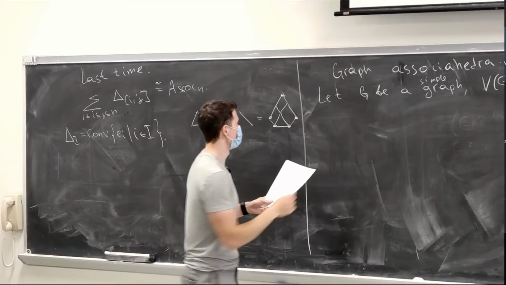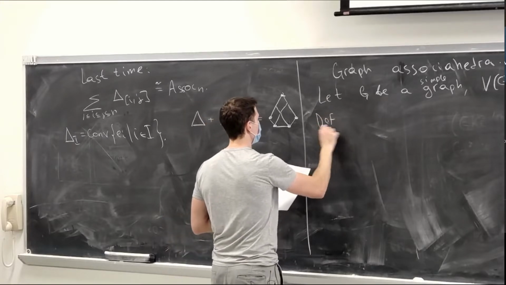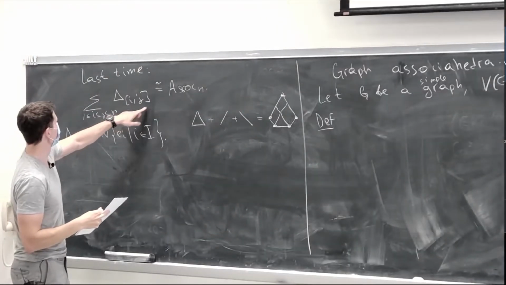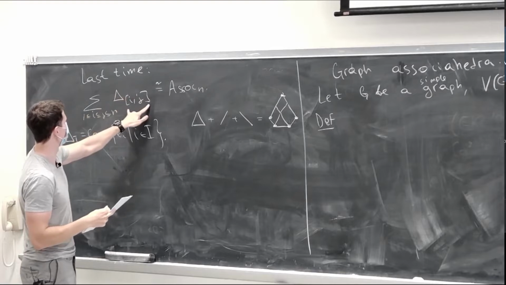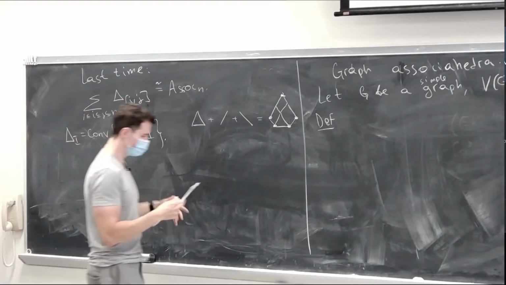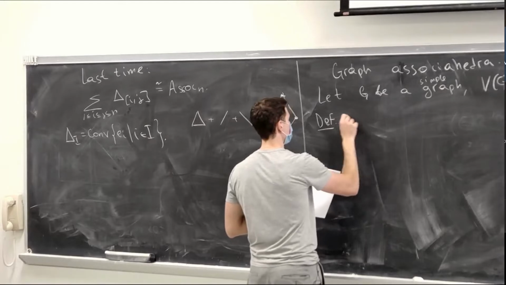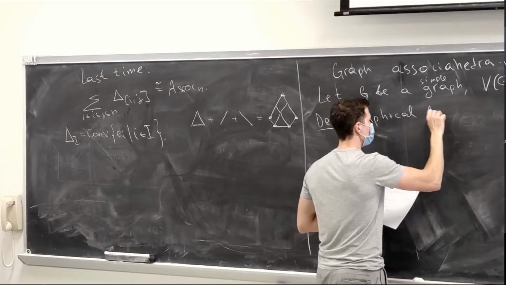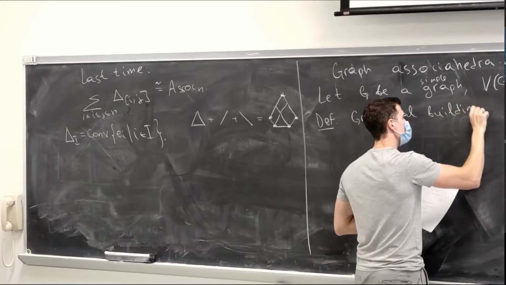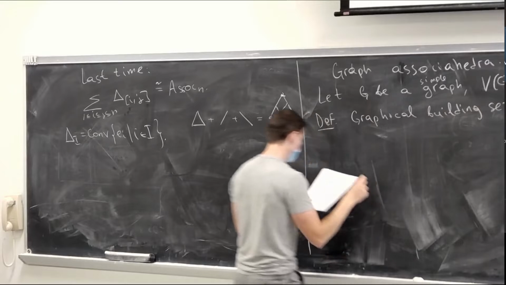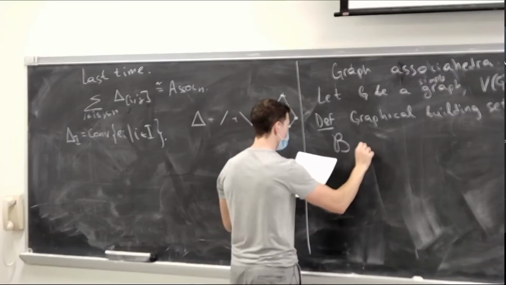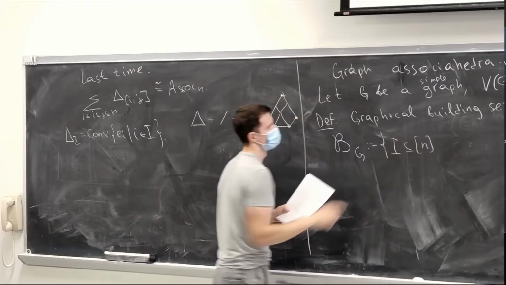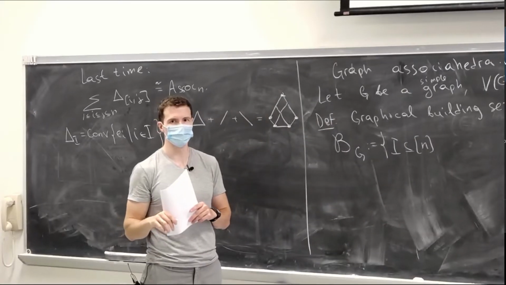And then I'm going to define the analog, for an arbitrary graph, of all such intervals. It's called a graphical building set. The graphical building set, by definition, B_G, is basically the set of all connected induced subgraphs of my graph.